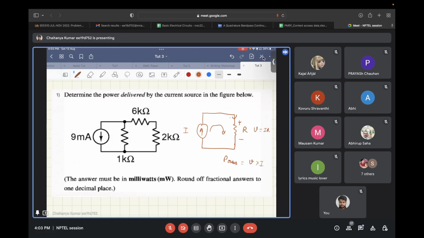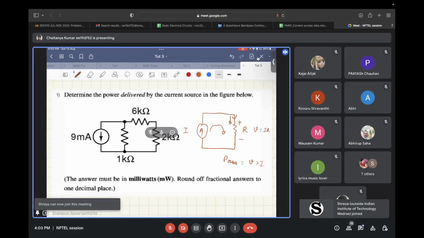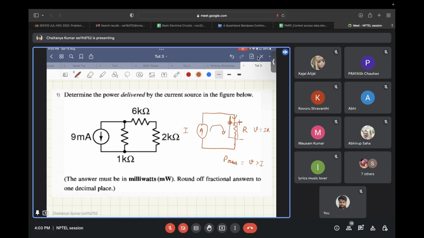Now please notice the direction of the current. The current that is flowing in the passive component, that is the resistor, is through the positive terminal. Where the developed voltage has the positive terminal, there the current is flowing into it. And a similar voltage will be developed across this current source also.